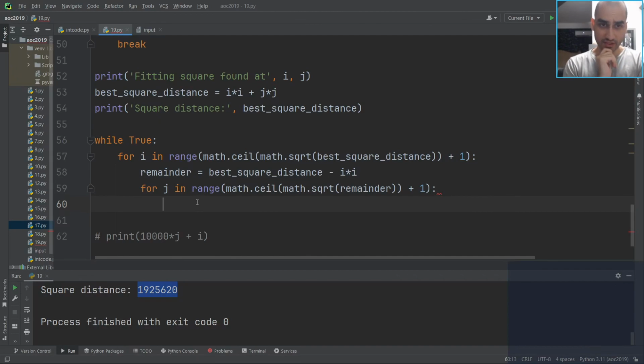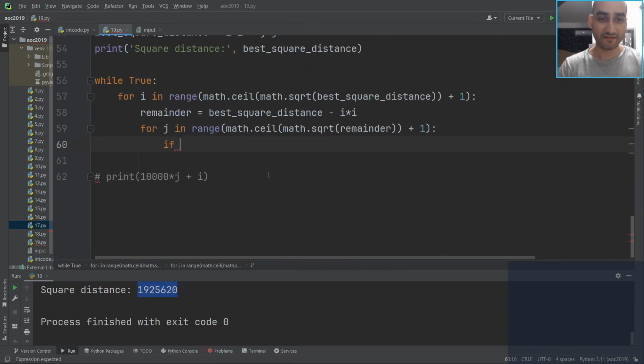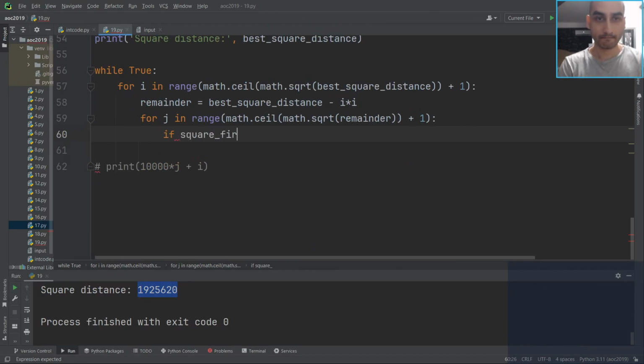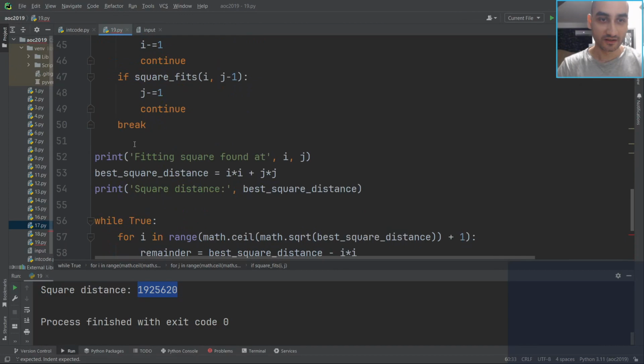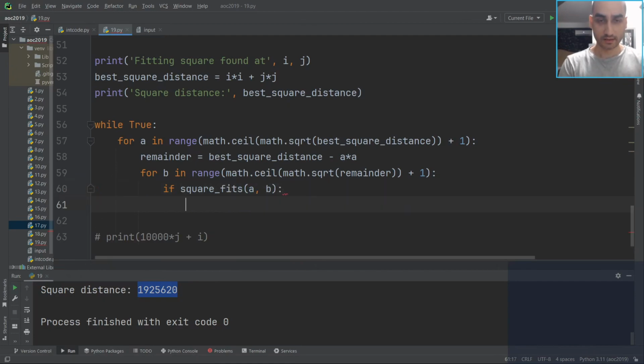So for each of these i, j values, if square fits for this i and j. Also, we need new letters because we're overriding. We need to keep i and j. So let's say for a and b, if square fits, okay, so this is a fit.